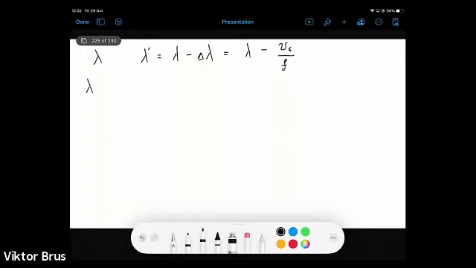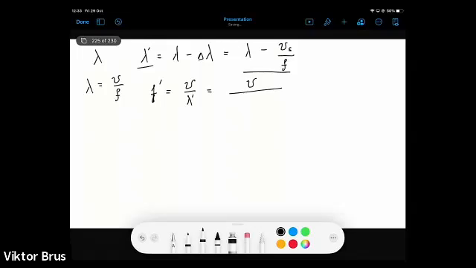Since lambda, we already mentioned, is equal to the speed of sound divided by frequency, then the apparent frequency which the observer will hear, F prime, will be equal to the speed of sound, which is constant, divided by lambda prime, the apparent wavelength.